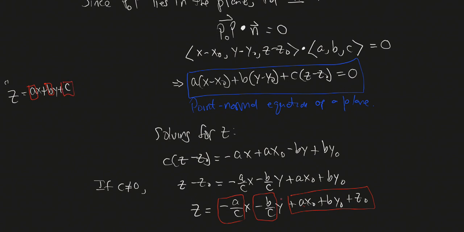So this type of equation, assuming that we're treating z as our dependent variable, and x and y as our independent variables, is the explicit form. And then this would be your implicit form.